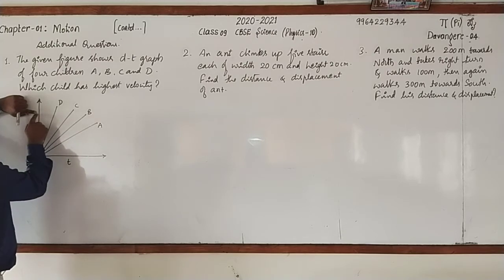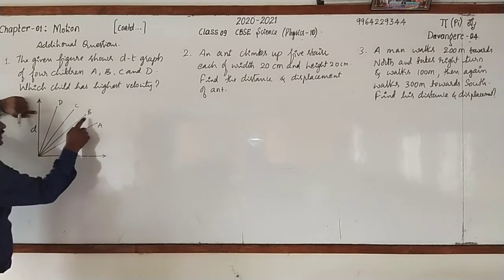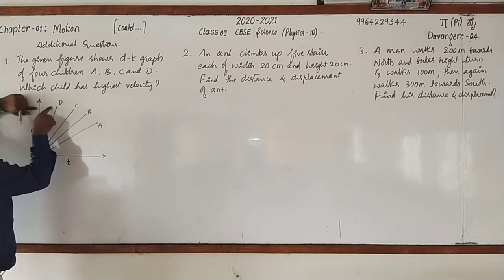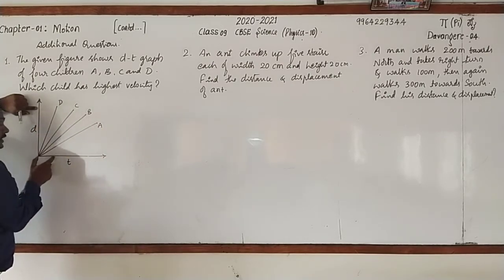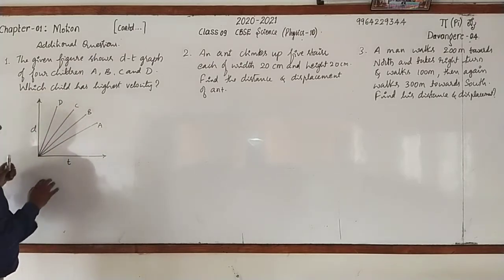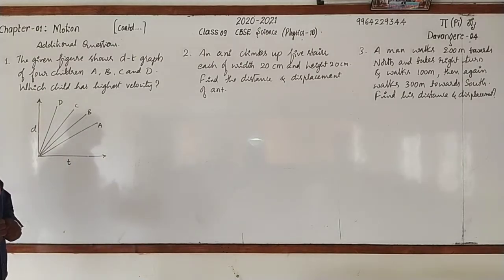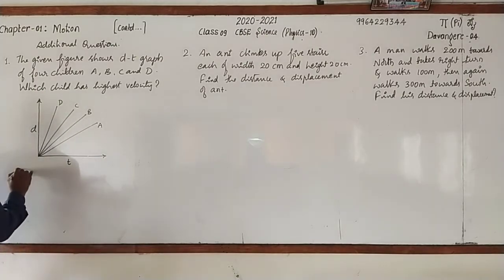Whereas C has covered still more distance in less time than B. Whereas D has covered much distance and taken very little time compared to A, B and C. Hence we can say that D has the highest velocity. Got it?